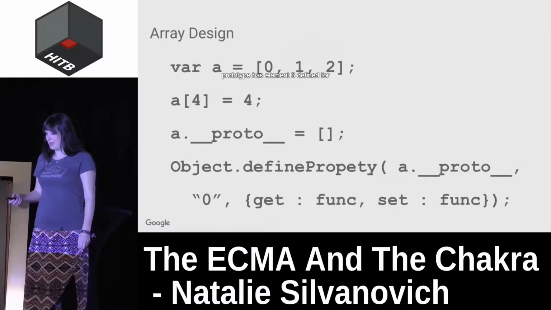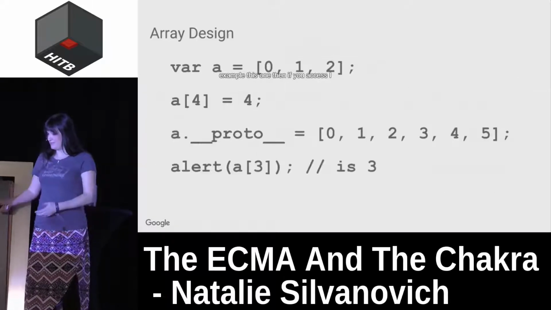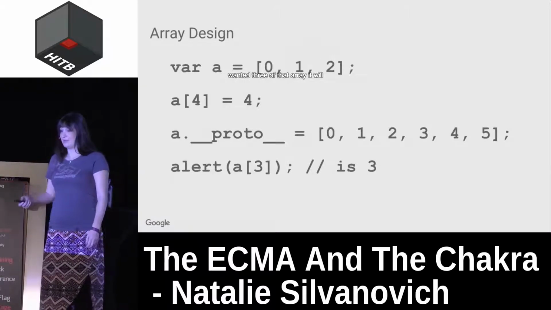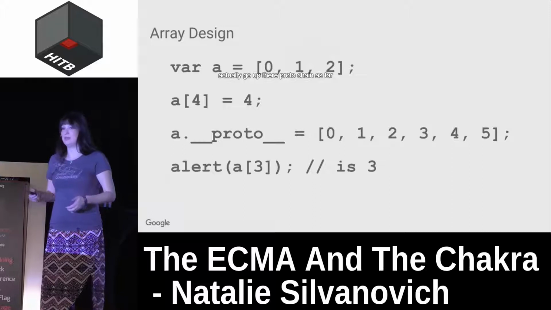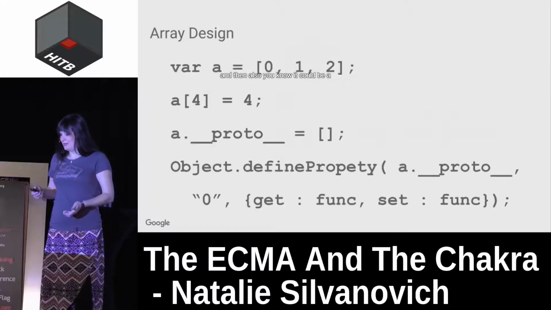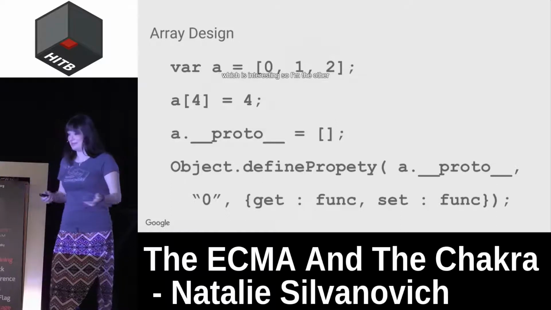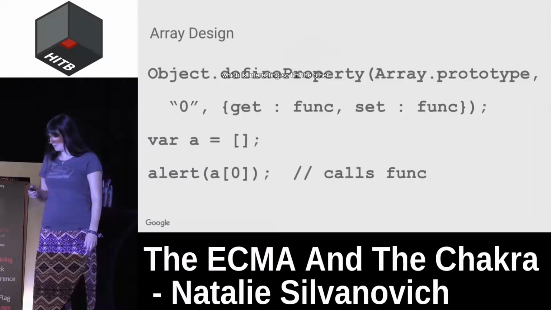But then the prototype has element 3 defined, for example, this one. Then if you access element 3 of that array, it will actually go up the proto chain as far as it needs to, and then get the element from there. So I mean, that's pretty weird. And then also, you know, it could be a getter or a setter, it could be read-only, it could be a banana, it could be anything, which is interesting.